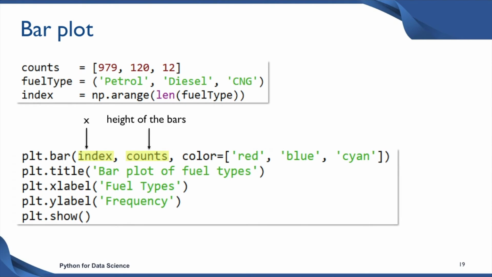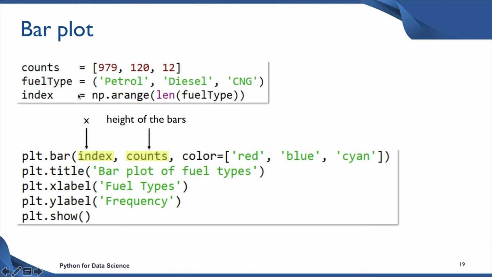For example, here you can see the fuel types: petrol, diesel and CNG. We wanted to find out how many cars are in the petrol variant, how many in the diesel variant, and how many in the CNG variant.